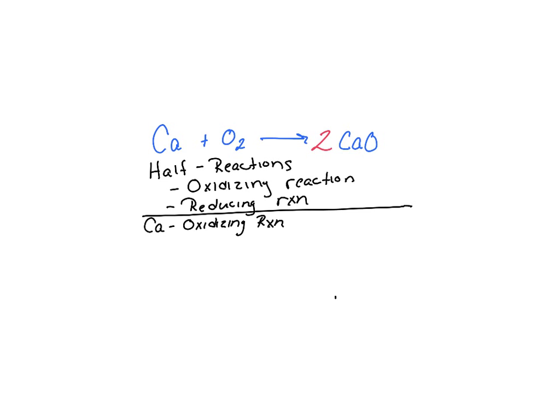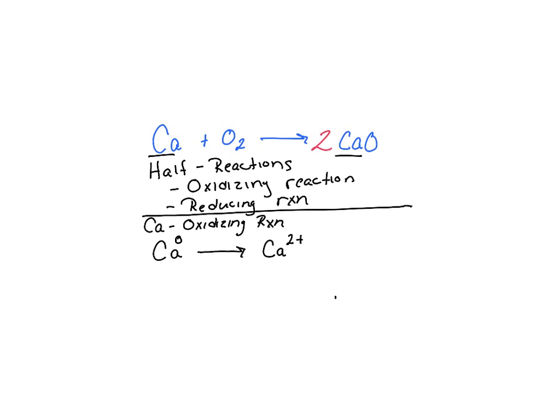So now we're only going to work with the calciums. So let's take a look. Calcium becomes calcium 2 plus. Now, calcium is going from a 0 to a 2 plus. How do we balance it?